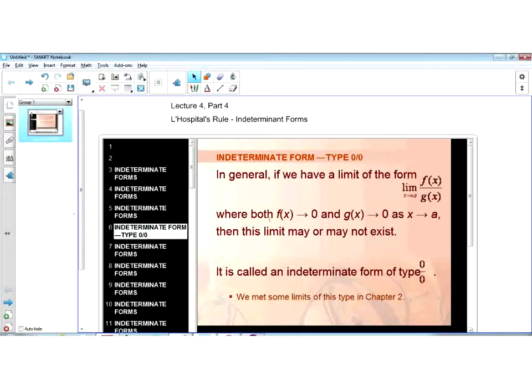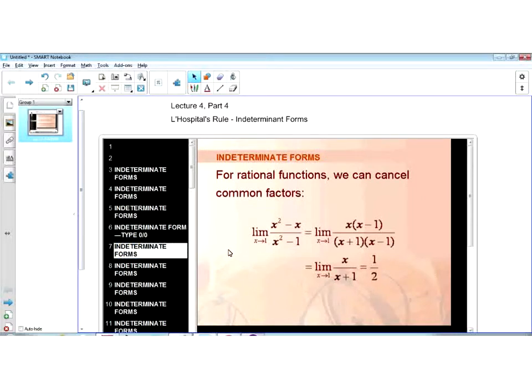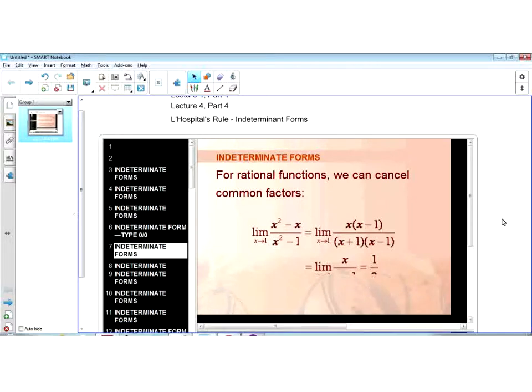We classify functions of this type, where both the numerator and the denominator approach 0 as x approaches a, as having a limit that may or may not exist, and it's called an indeterminate form of type 0 over 0. We've done a couple of these limits so far from Chapter 2, and we'll research some techniques for dealing with these types of functions.